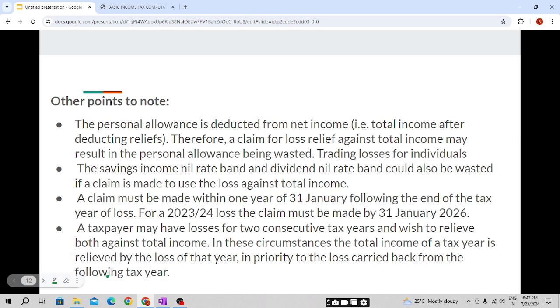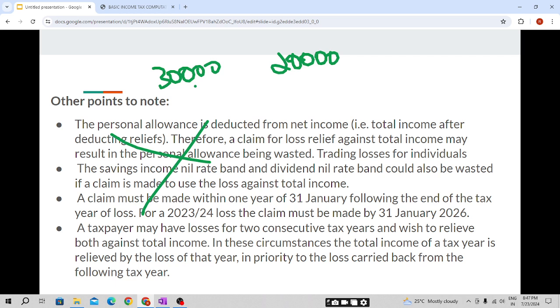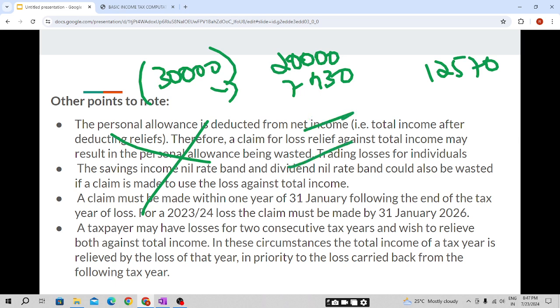And no partial claim is allowed, because if an individual thinks that I can claim a particular amount so that I can save personal allowance, it is not allowed, students. Let's take an example that 20,000 I have lost and I have a carry forward loss of 30,000. So if 12,570 is my PA, I will only set off the loss from the next year trading profit of 7,430, so that my PA will not be wasted and I will not pay any tax.